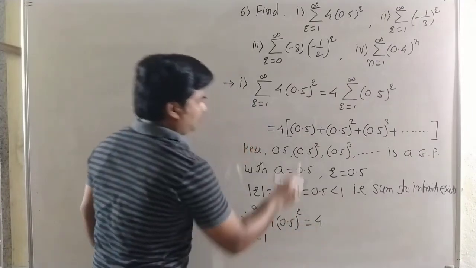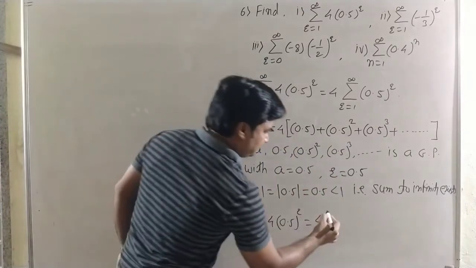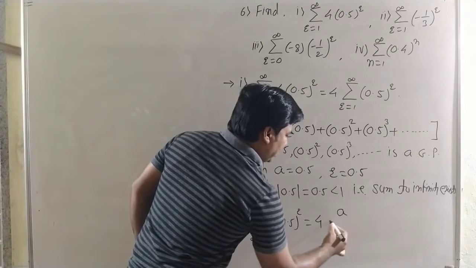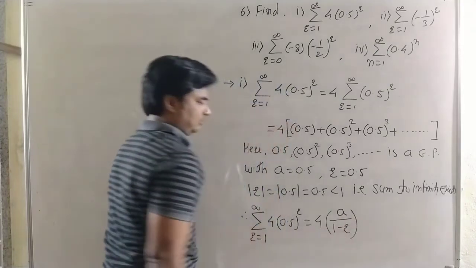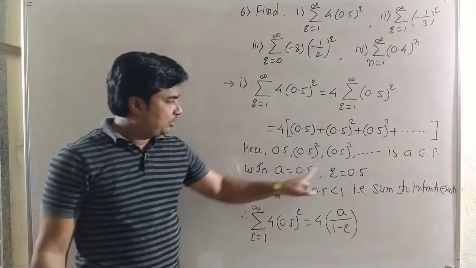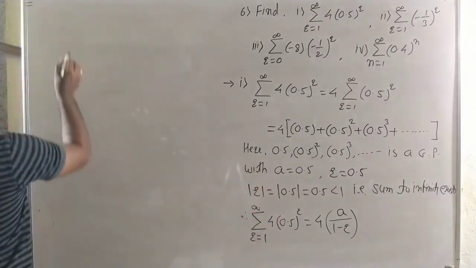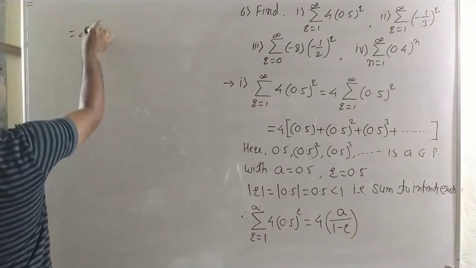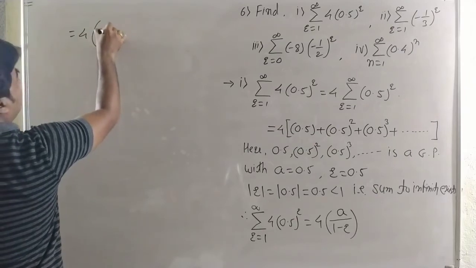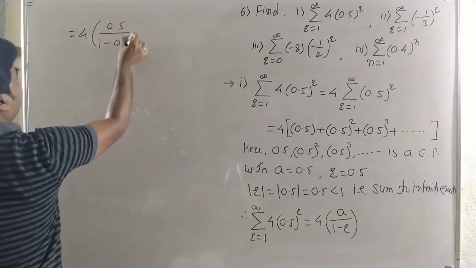The 4 stays as it is, and it is a sum to infinity, and the formula is a upon 1 minus r. Here a is 0.5 and r is also 0.5, so we can write 4 into 0.5 upon 1 minus 0.5.